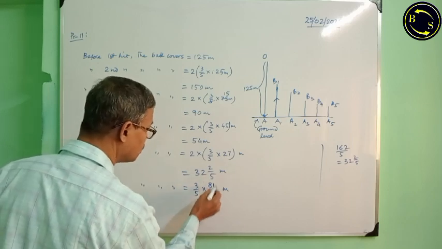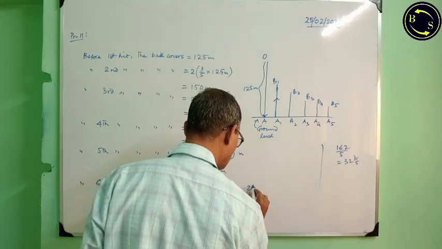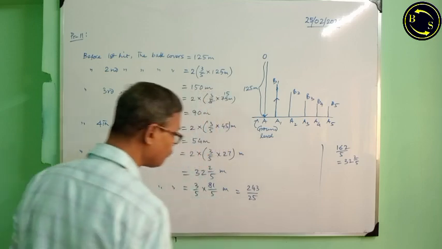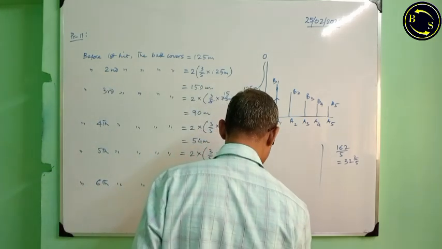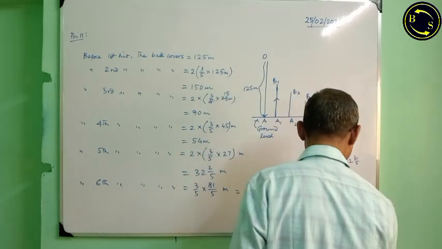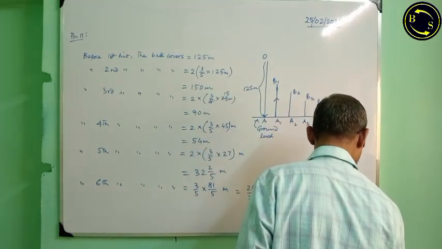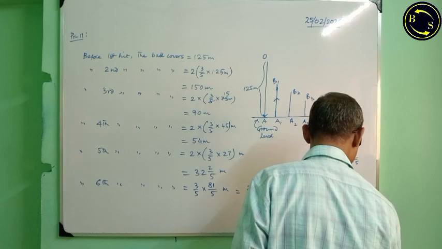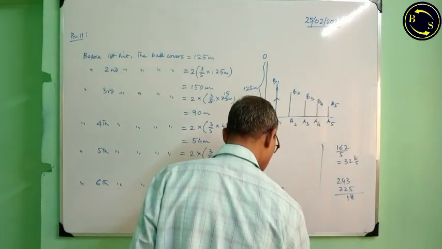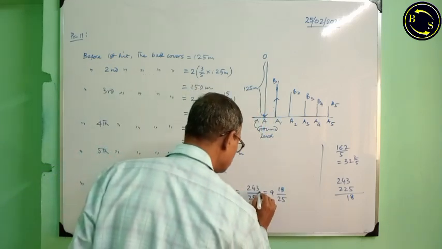That means 243 by 25, and this is equal to 9 whole 18 by 25 meter.